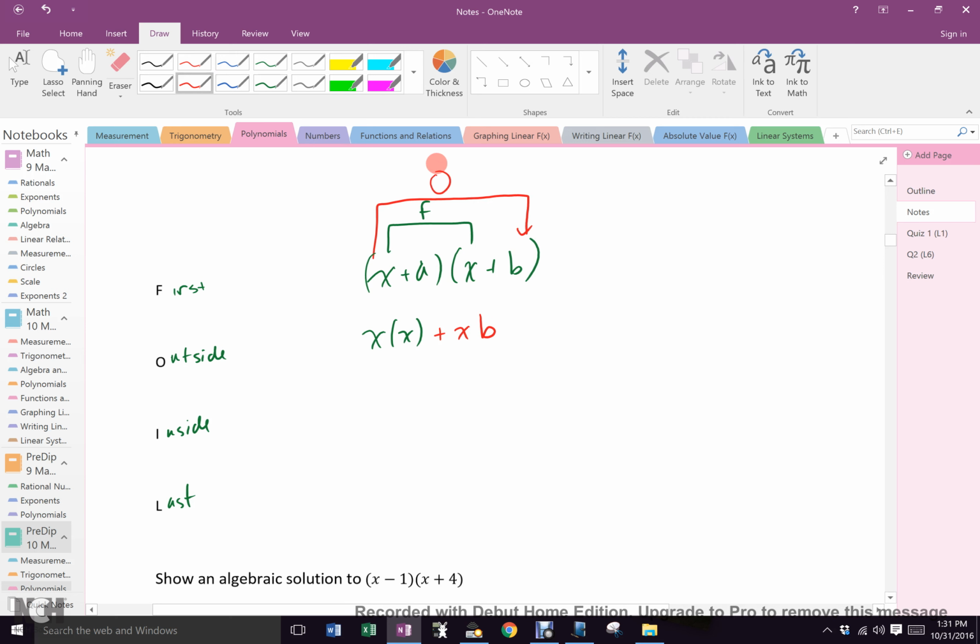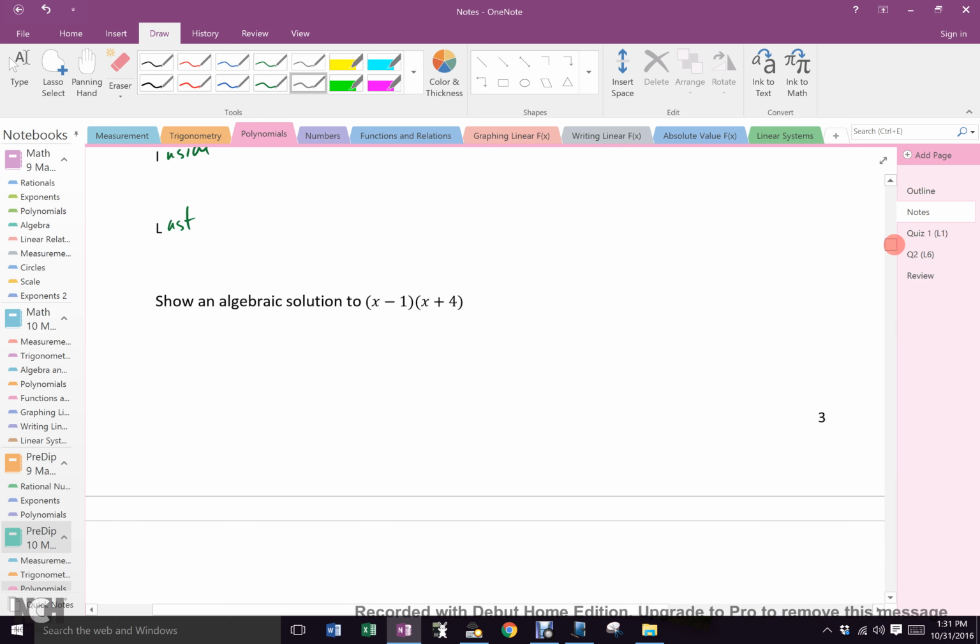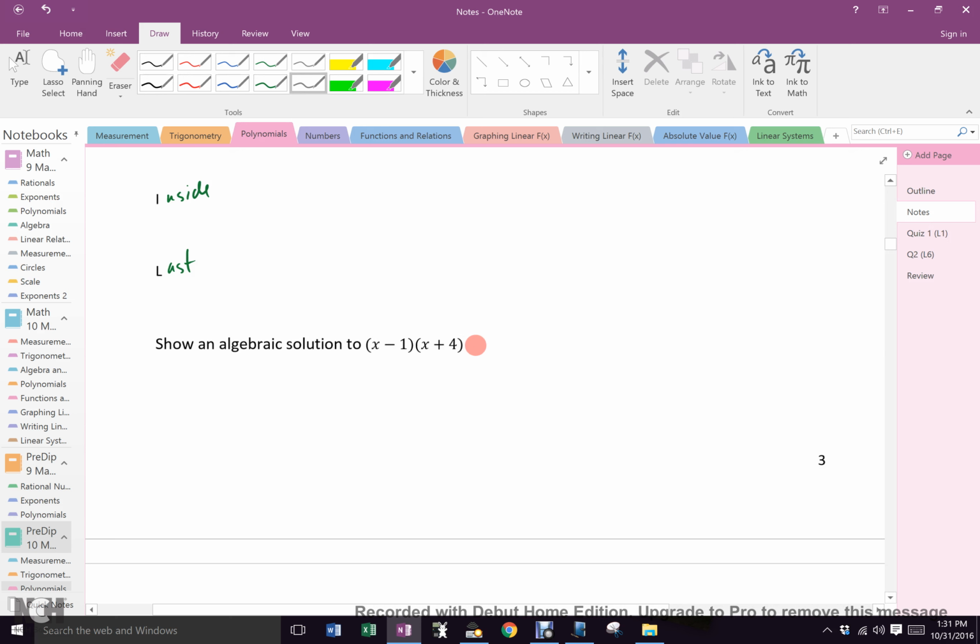Then that's the O. Then inside x times a, and then out there's the I, and then the L is AB. Right? Not news to anyone, yeah? Okay. So, all of you can write this out and figure it out.